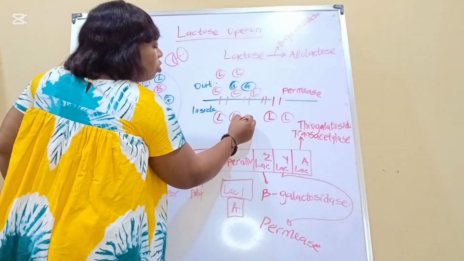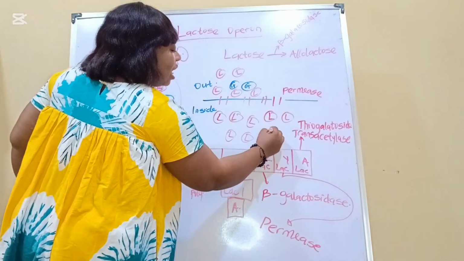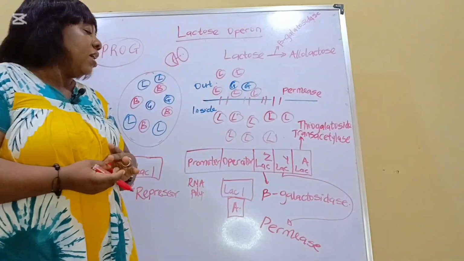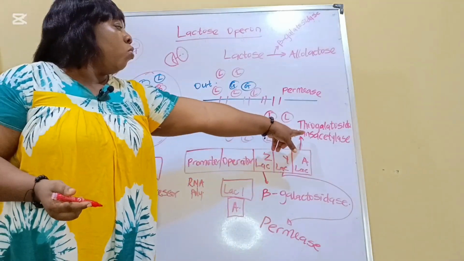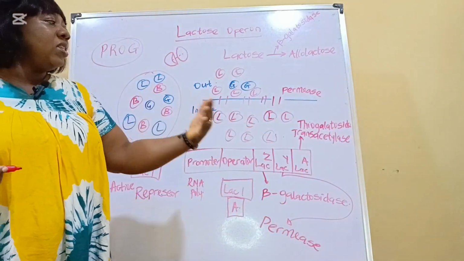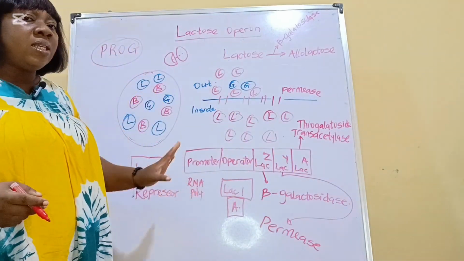So we have more lactose entering into the cell since the gate has been opened also by permease. Then lastly, LacA, which codes for thiogalactoside transacetylase, helps us filter every toxin that is present.